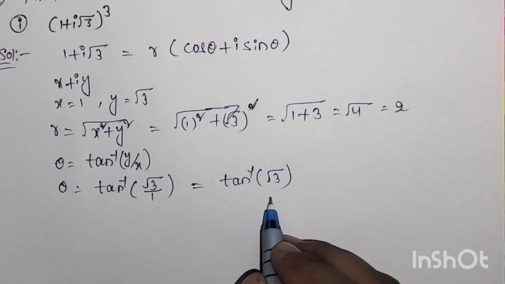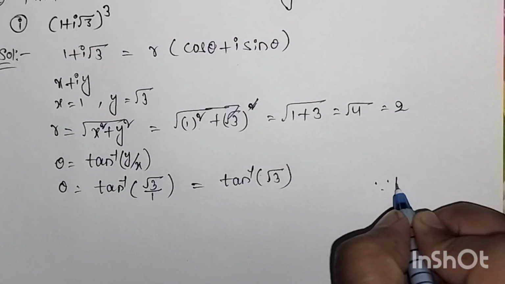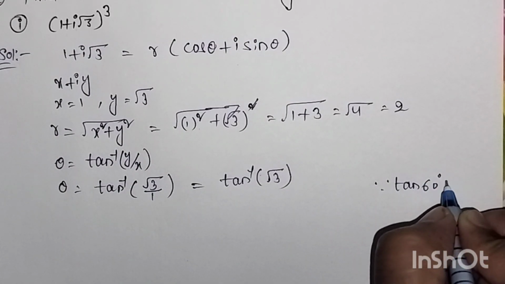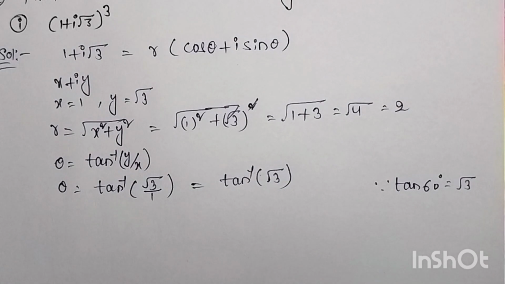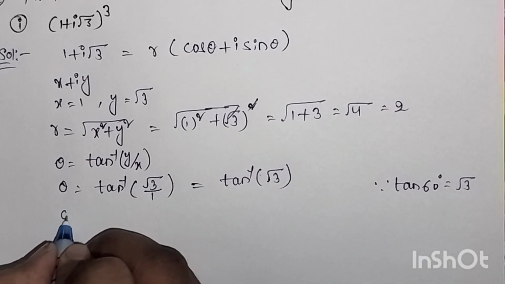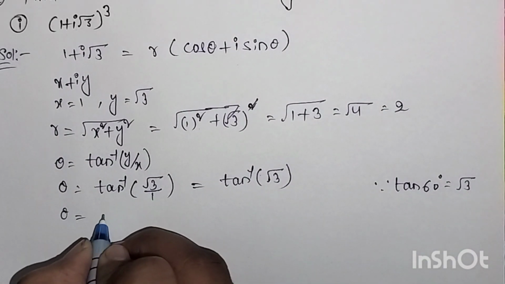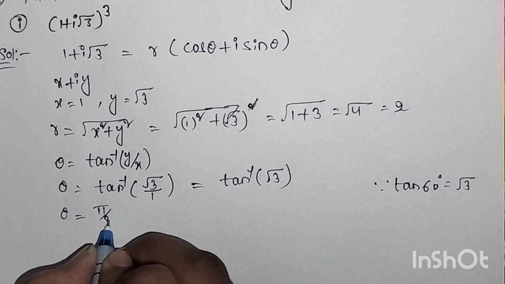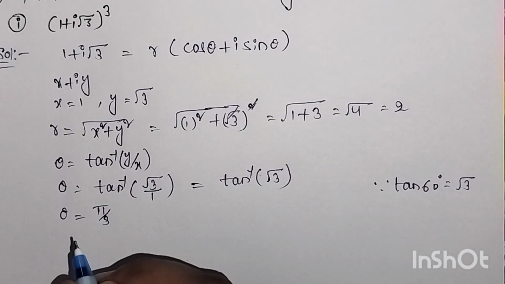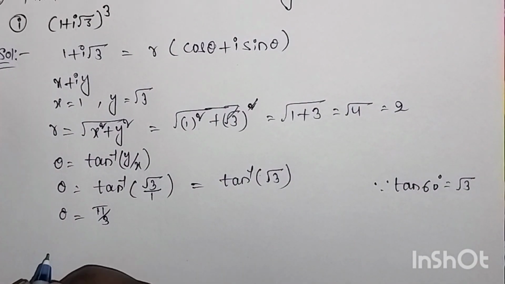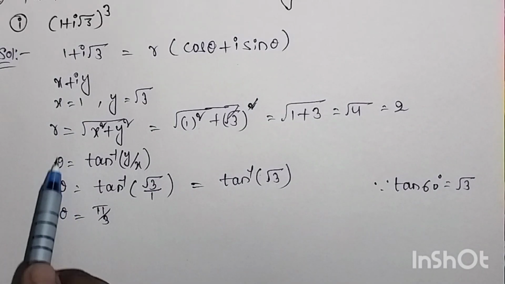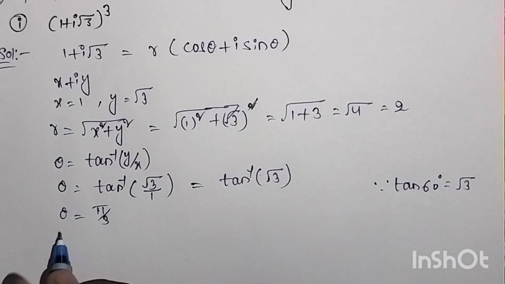So where does tan give root 3? At 60 degrees. Tan 60 degrees equals root 3. So 60 degrees we can write as pi by 3.